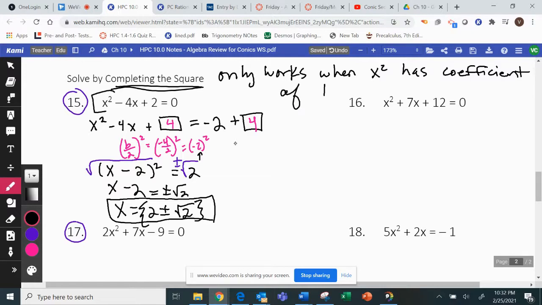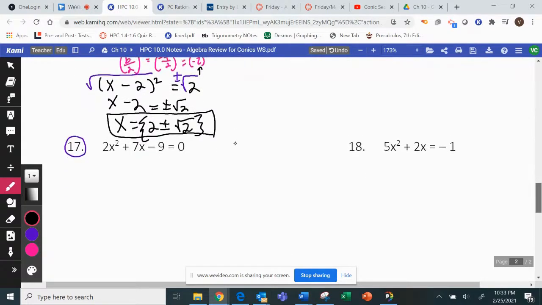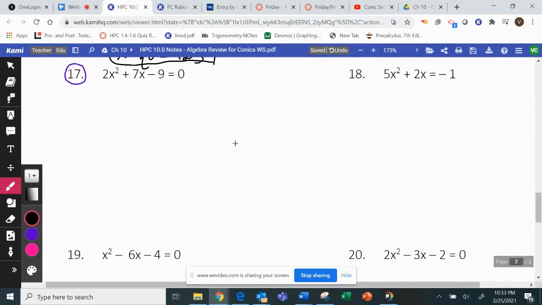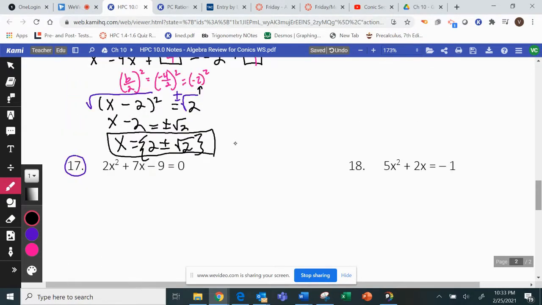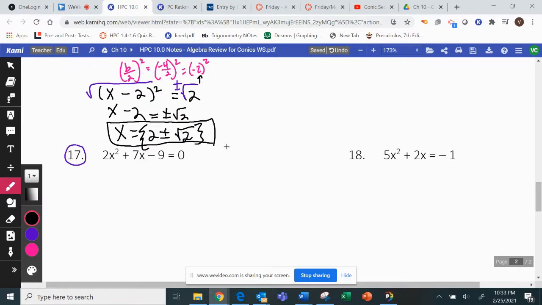So in this one it worked because I had 1x squared. But in number 17, it's not going to work. So I get to manipulate my situation here. I get to make it so that I do start with an x squared. There are a couple different ways that you may do that.